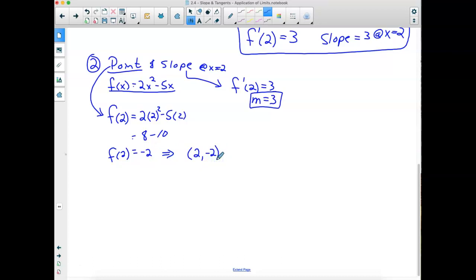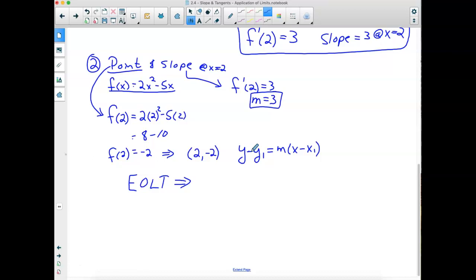Now, if I'm writing an equation of a line tangent, I'm going to use y minus y1 equals m times x minus x1. I'm always going to use this because I don't have any simplifying that I ever have to do on here.